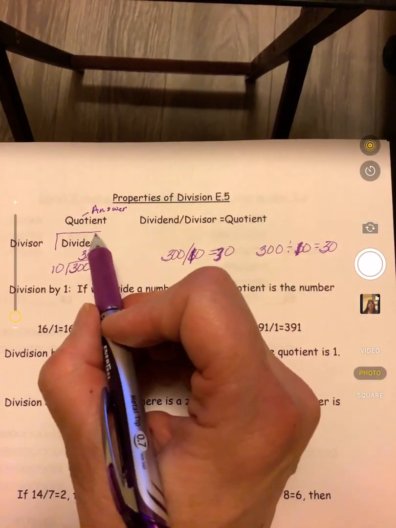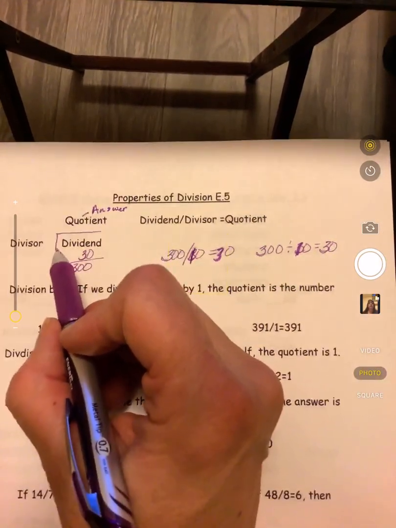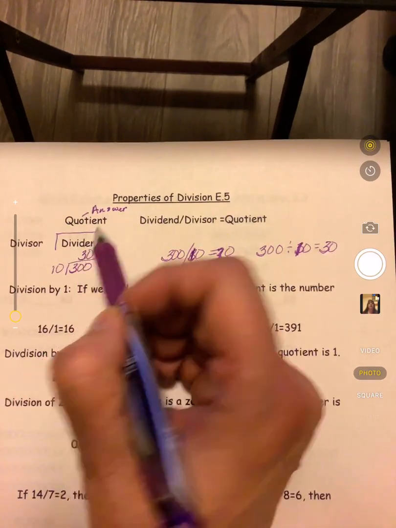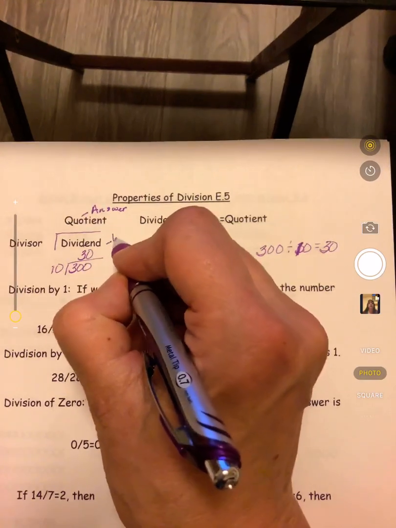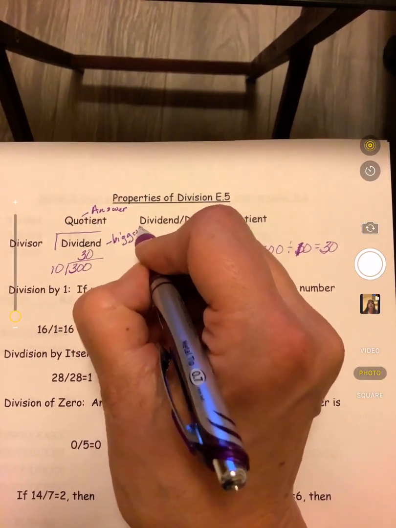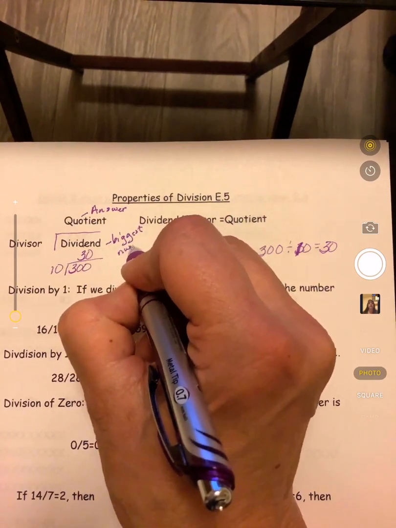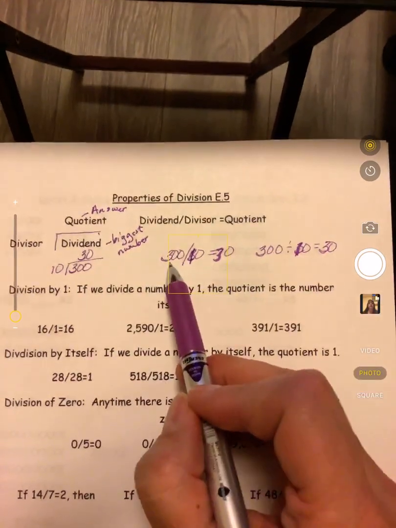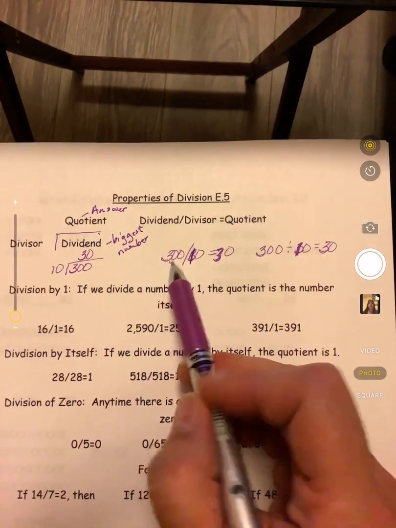So a lot of times you'll see your division. Here's what we call a division box. So the dividend, which is always the biggest number, goes on the inside or it comes first, okay?